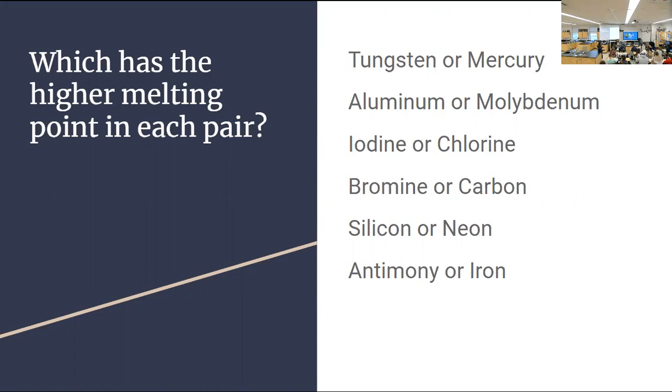Work in your partner groups, turn and talk, figure out which one in each pair has the higher melting point using your periodic table.